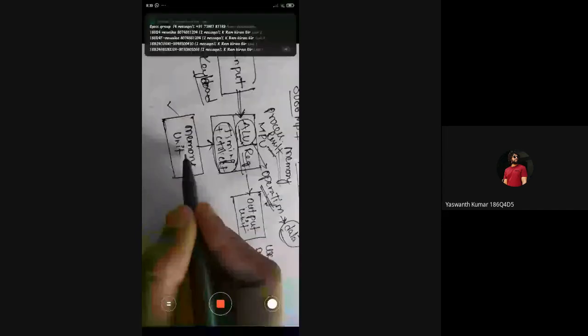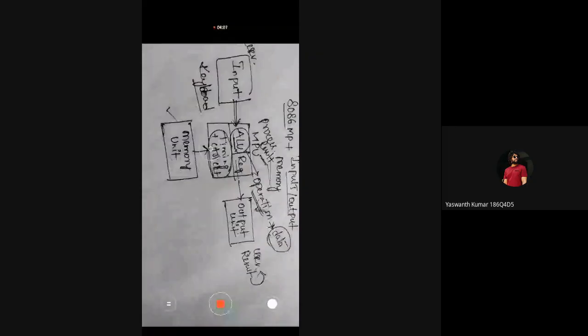If the data is stored in the memory, then only it can read the data from the memory unit. Whenever the MPU wants to perform an operation, it will recall the data from this memory unit, process the data again and generate some result.